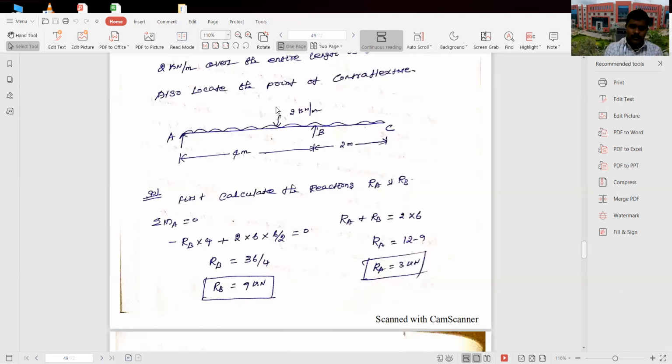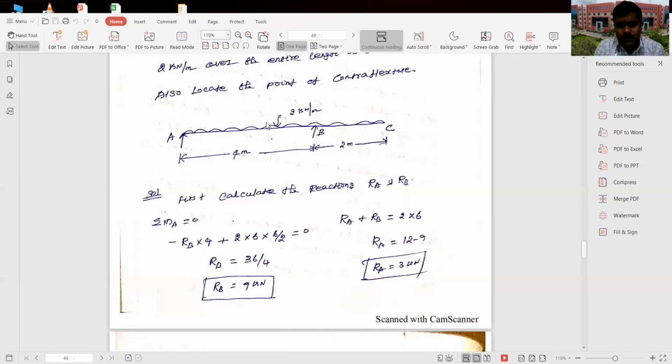So this downward load is acting in a clockwise direction towards the section A. Therefore, minus RB into 4 plus 2 into 6 into 3 is equal to 0. Now we can solve this equation. RB into 4 is equal to this value. Then RB equals 36 by 4. Therefore, RB is equal to 9 kilonewton. So the RB value is 9 kilonewton.